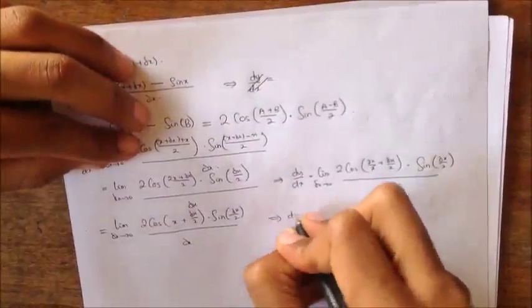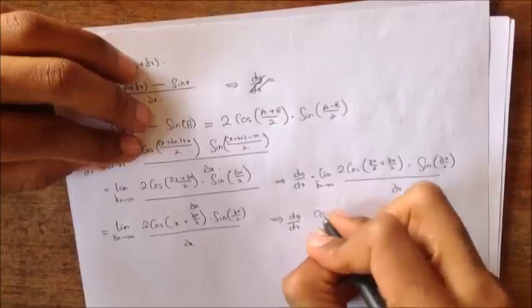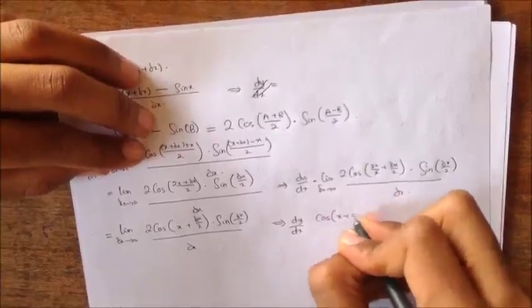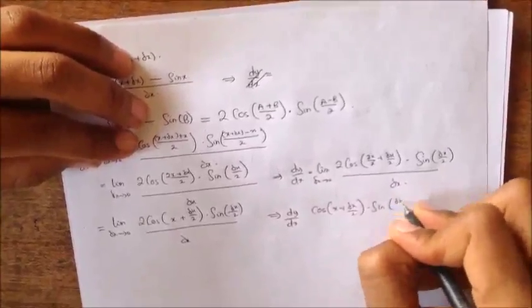I'll say dy dx is equal to cos of (x plus delta x divided by 2) times sine of delta x divided by 2, times 2, because that's what this 2 is. I can move this 2 and put it under the delta x, so the delta x becomes delta x divided by 2.